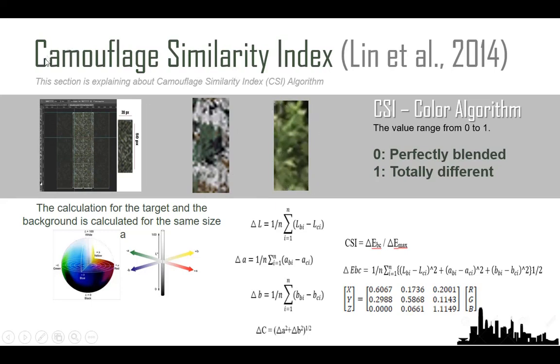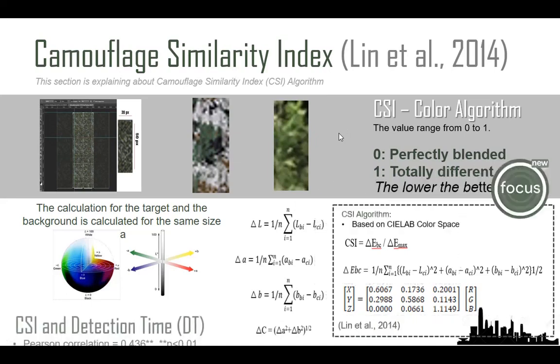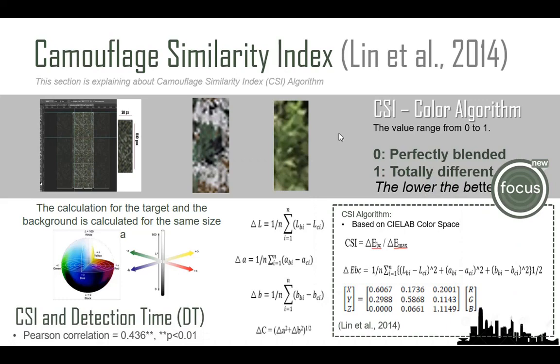For the CSI, each sample has to be 20 to 50 pixels, and the same for the background, 20 to 50 pixels. Then they run this in MATLAB and we get the CSI value. So for the CSI, definitely the lower the better.